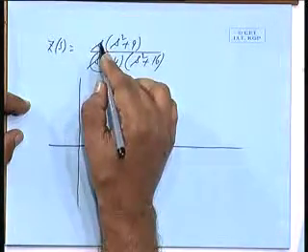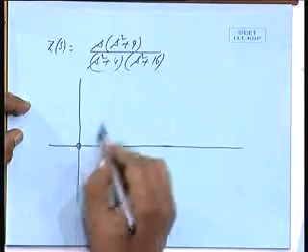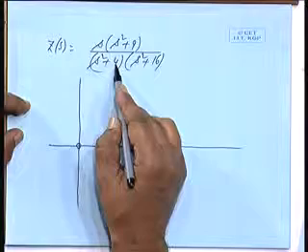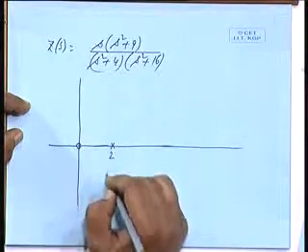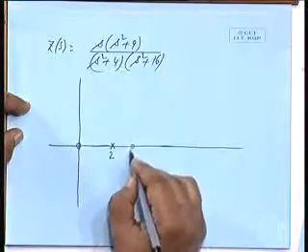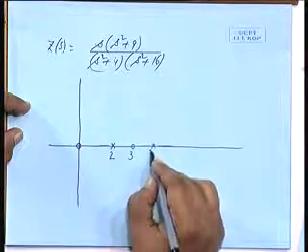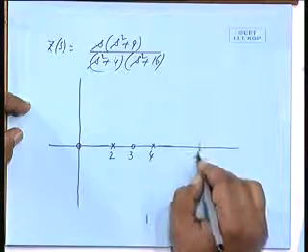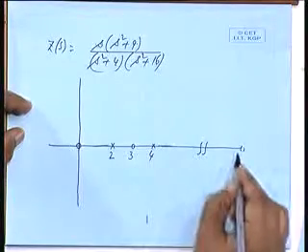Since s is in the numerator, this one will be a 0, then 2 is a pole, then 3 is a 0, 4 is a pole, and then infinity has to be a 0 because the last one was a pole.